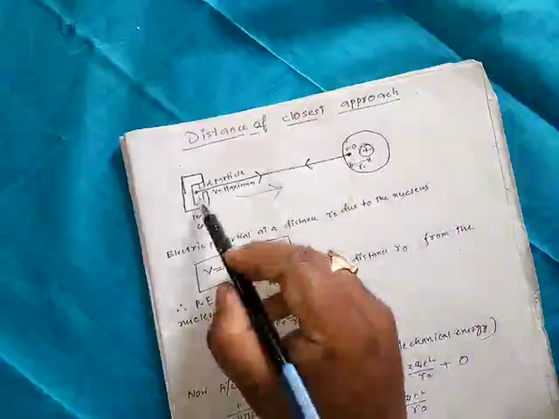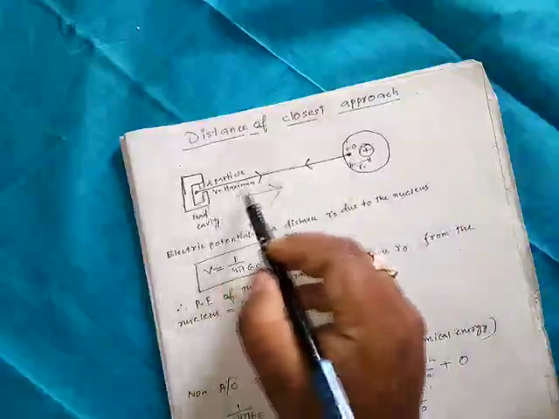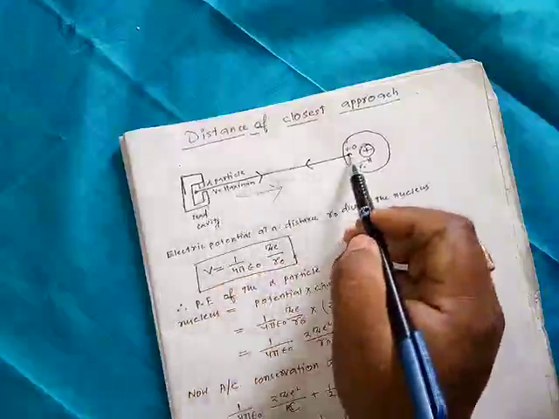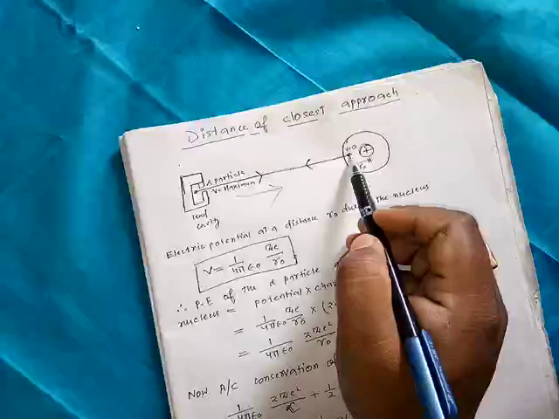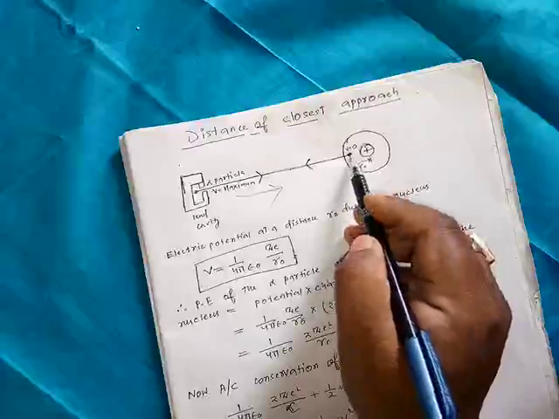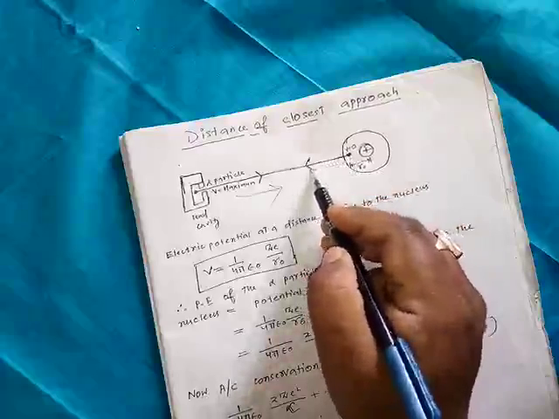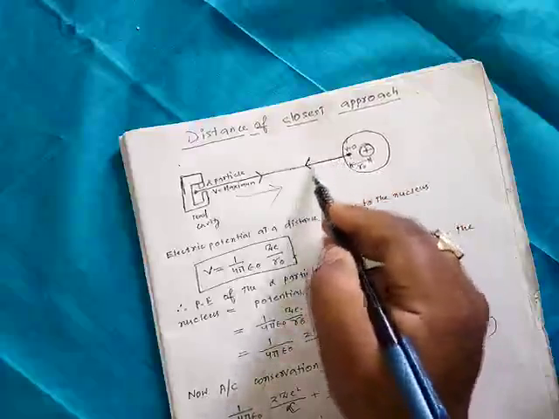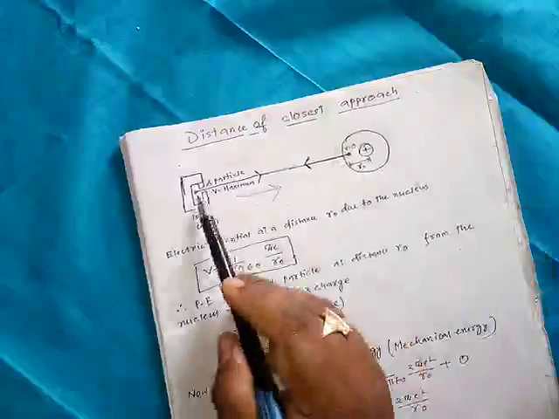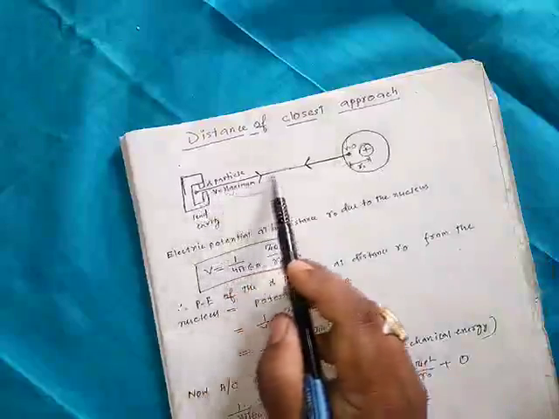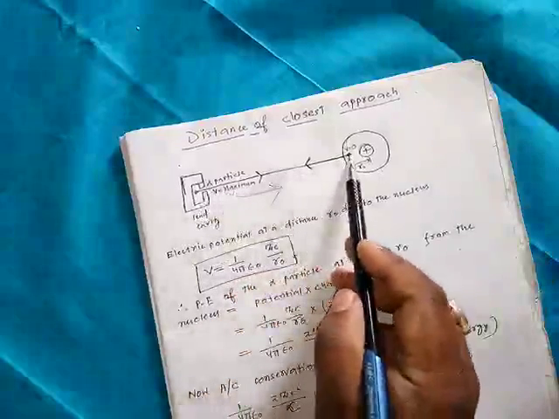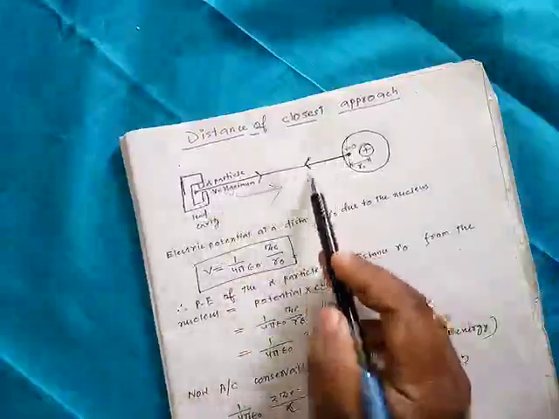Here the alpha particle is having maximum velocity. This velocity goes on decreasing, and here the velocity becomes 0, and after reaching this point, the alpha particle will move back in the same path. Picture is clear? Alpha particle is moving forward, velocity decreasing. Here it becomes 0, and then again reverses back.